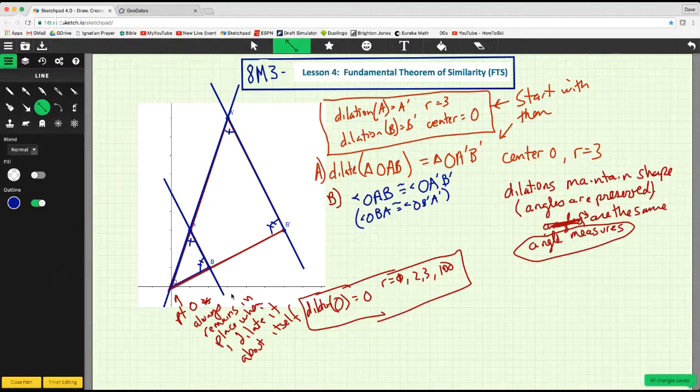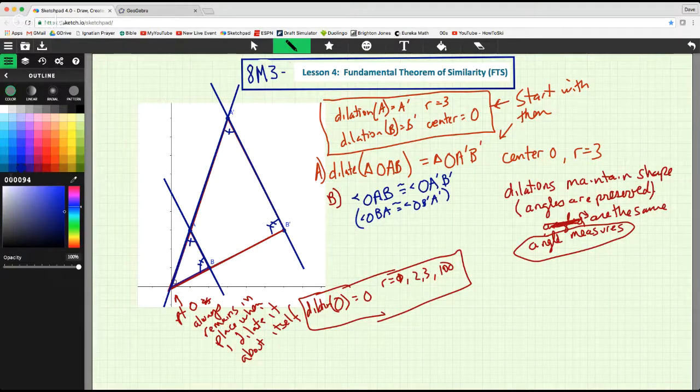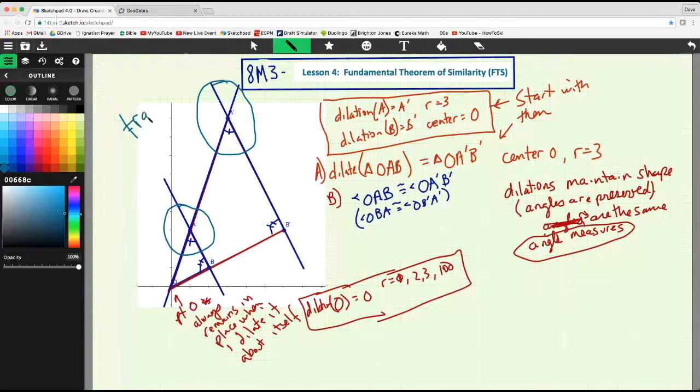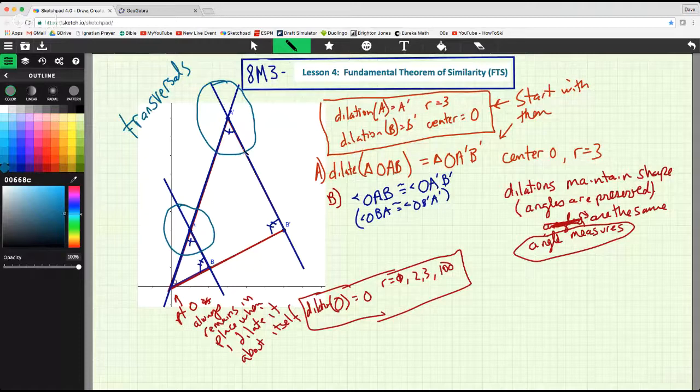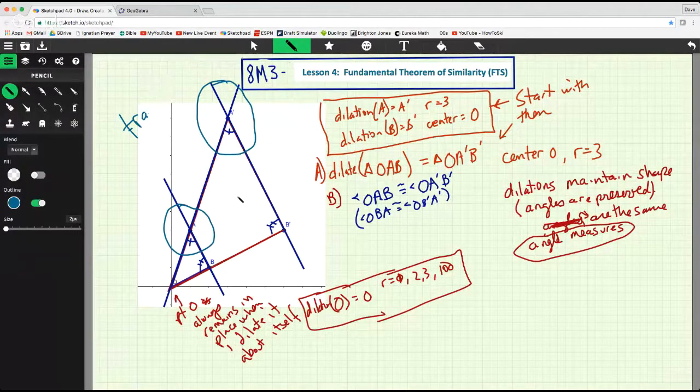Now, I want you to look specifically at this intersection and this intersection. I know this is getting involved, so just hang with me. And remember what we talked about, transversals.